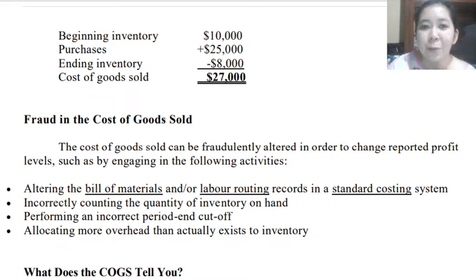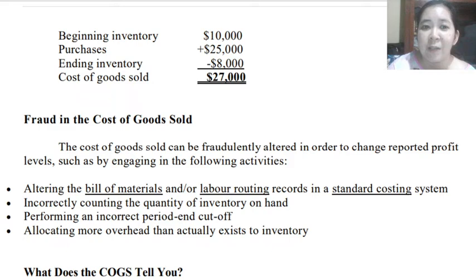Okay, so this is fraudulently altering in order to change the reported profit levels. So here the management or the entity can alter the bill of materials, or labor, so that it will be lessened.